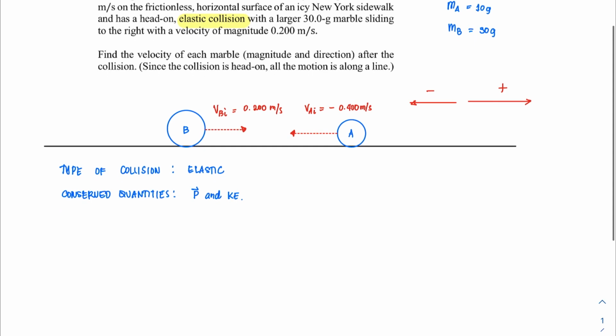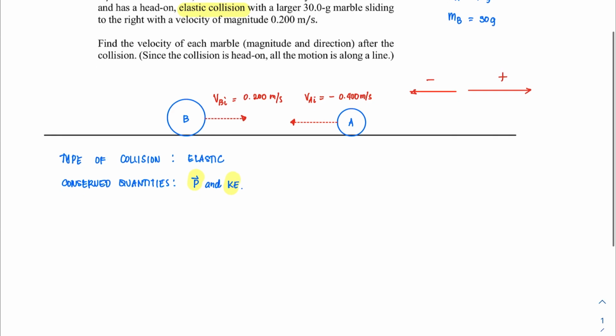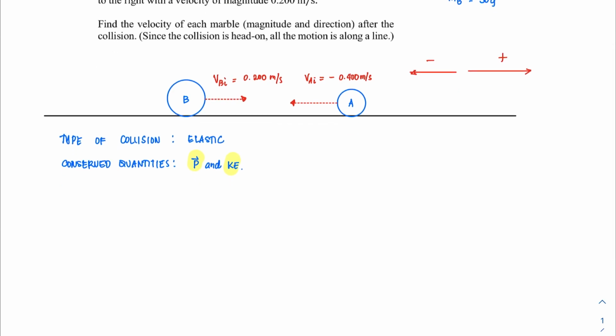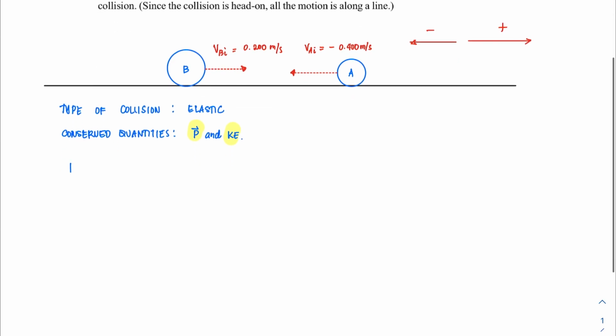Now from there, this is telling us that we could create two equations because we have two conserved quantities. Now we start first with the conservation of momentum. So from the conservation of momentum, I could create an equation that will help me solve this problem.